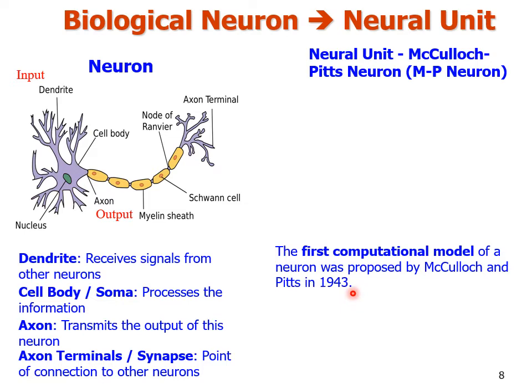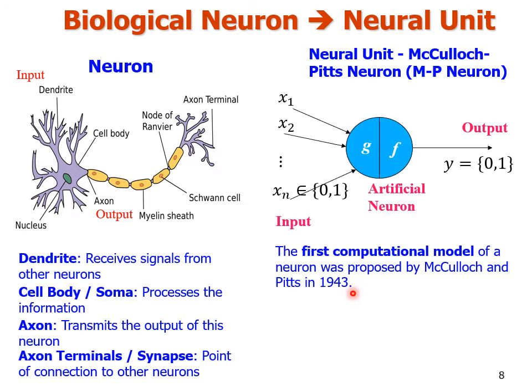As you can see here in this figure, we have in this MP neuron the inputs x1, x2 up to xn. Please note here, in this model we have binary inputs. That means the inputs have the value 0 or 1. So these inputs are provided to an artificial neuron.